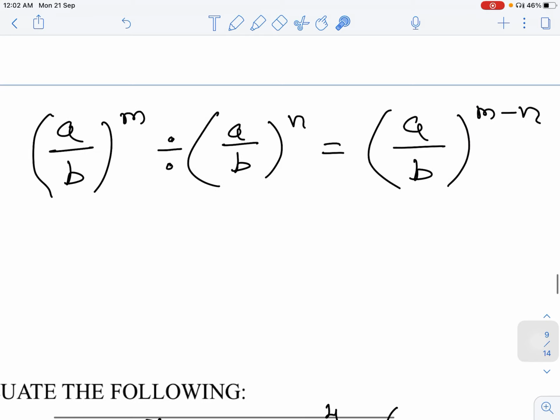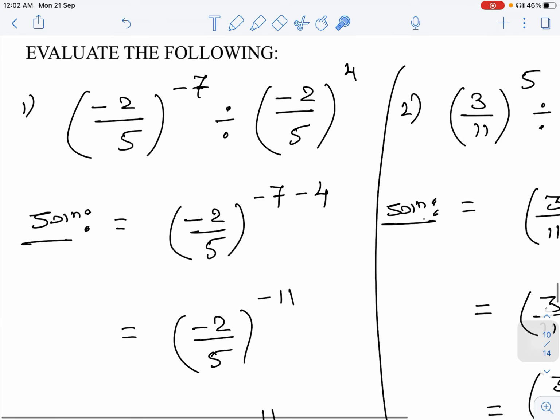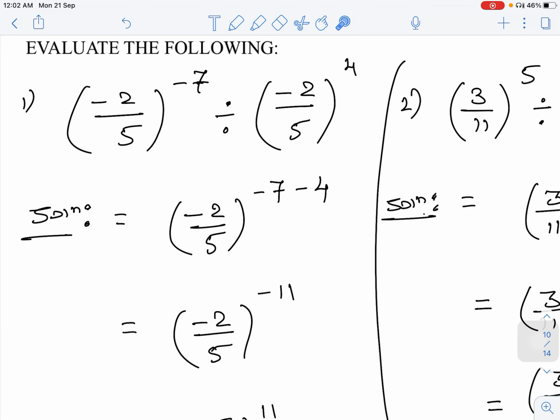Let us see some examples based on this rule. So now here in this example we have minus 2 upon 5 raised to minus 7 divided by again minus 2 upon 5 raised to 4. Now two numbers are there with same base and different powers and they are dividing each other. So what we will do? We will write subtraction of this power.